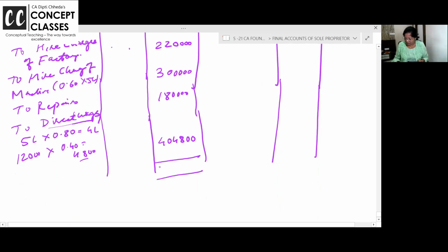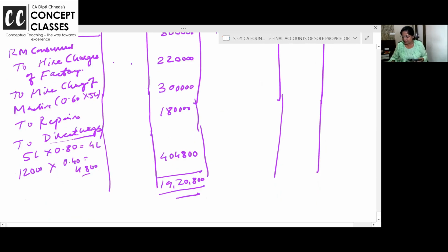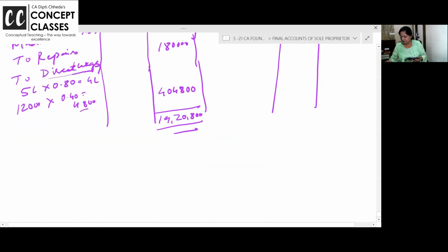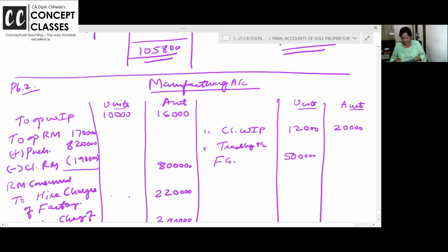So debit side, the total is coming more. 19,20,800. 19,20,800. Minus 20,000 is still in progress. So goods worth 19 lakhs 800 are ready and number of units is 5 lakh. These are now produced and this will go in the finished goods.